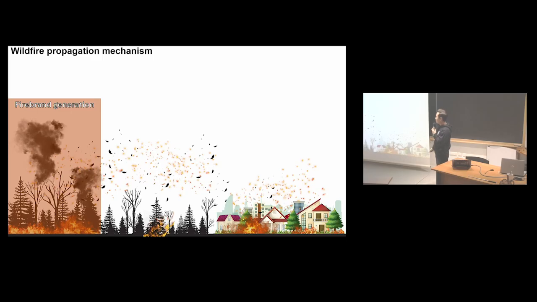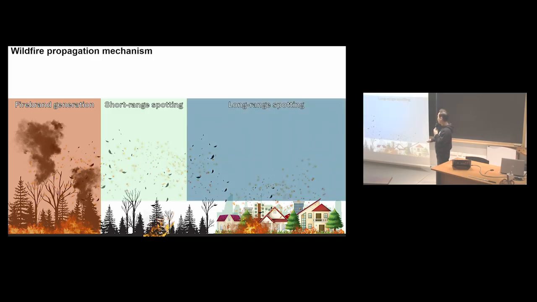Firebrand is generated here, and then because of wind and the convective column, it moves to other places. This one is short range spotting, and the other one is long range spotting.